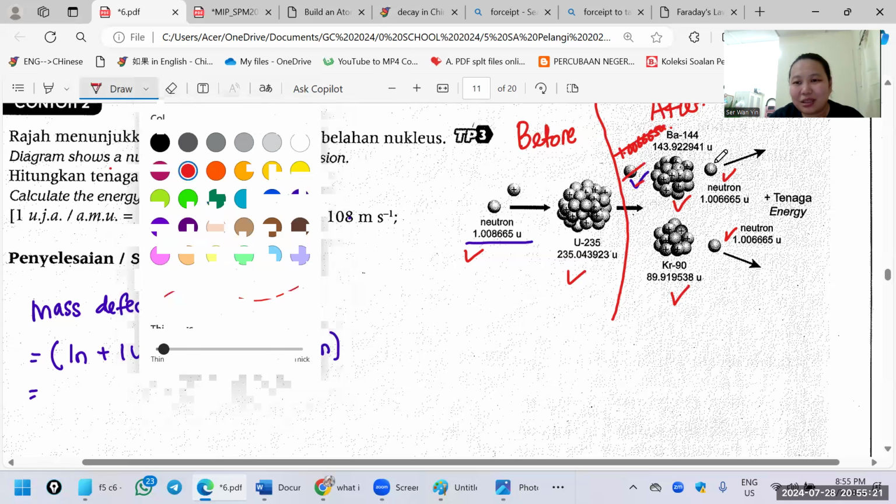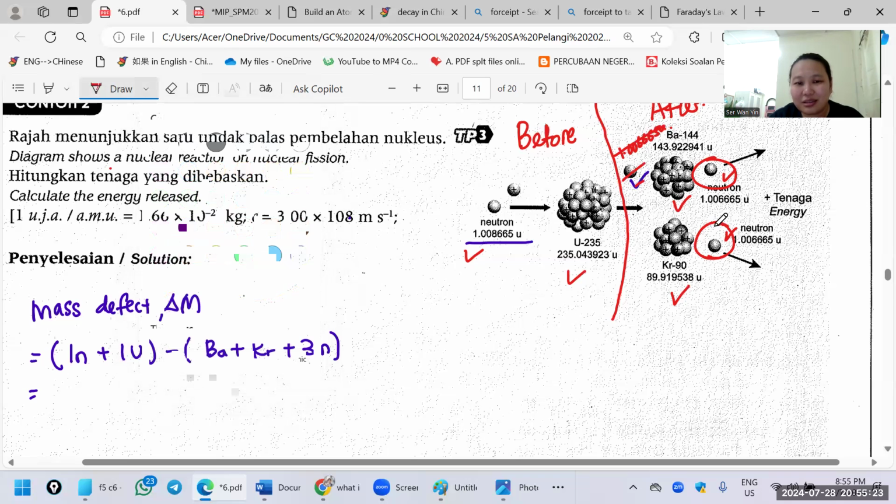We make 2 neutrons only. That's why they make 2.